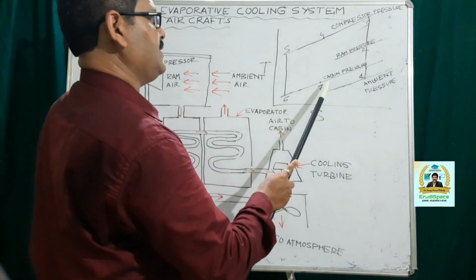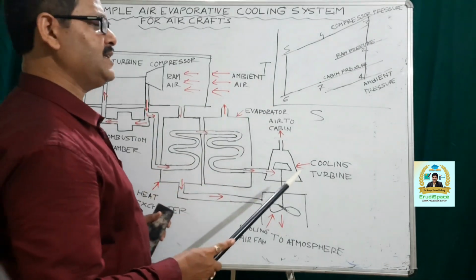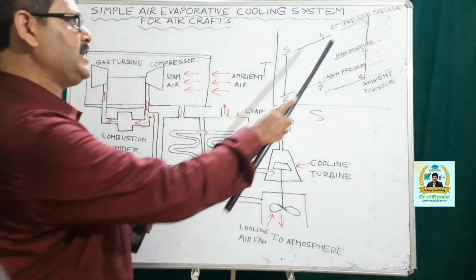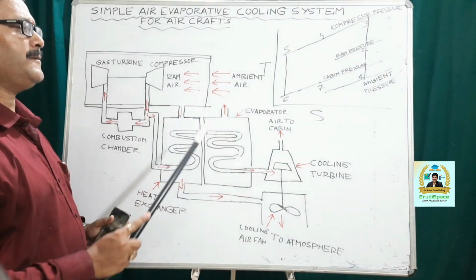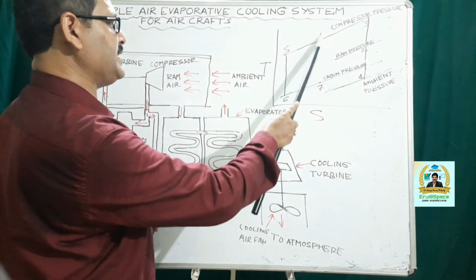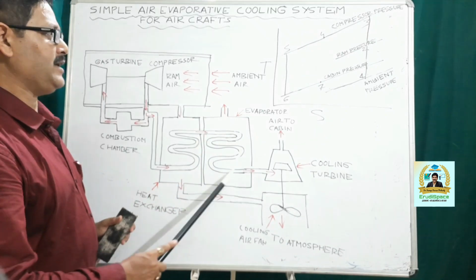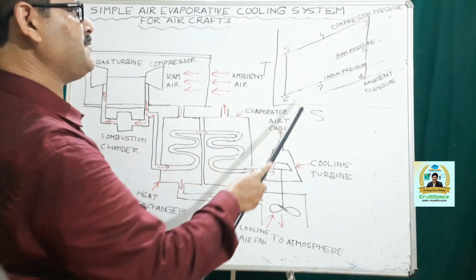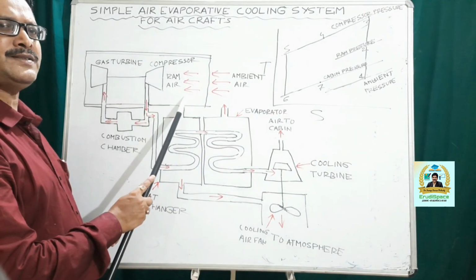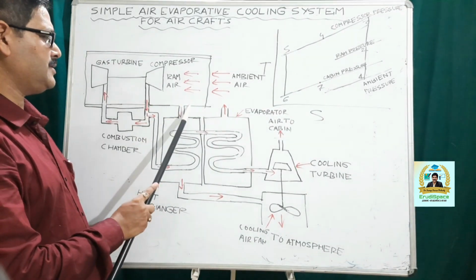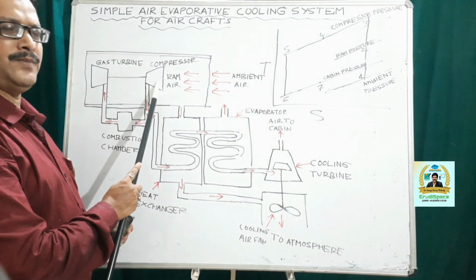air. Then 3, 4 and 4, 5 represent 2 cooling processes. 3, 4 actually represents the cooling that is taking place in the heat exchanger, and 4, 5 represents the cooling that is taking place in the evaporator. As far as the cooling that is taking place in the heat exchanger is concerned, the ram air actually produces the cooling because its temperature is lower than the temperature of air coming from the compressor.